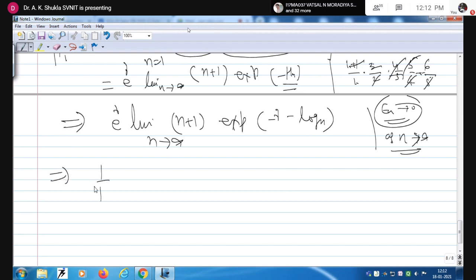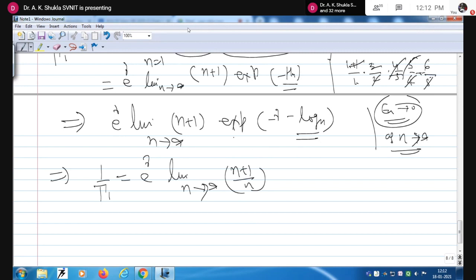So finally you will get 1 upon gamma 1 is this, and here this is your e raised to power gamma, with gamma and log n. So finally we arrive at the value: limit as n tends to infinity of n plus 1 upon n.